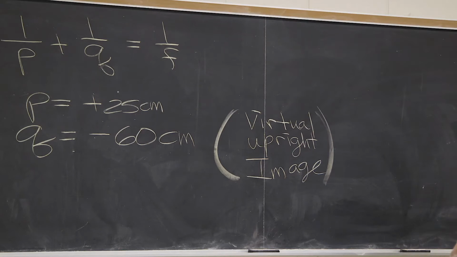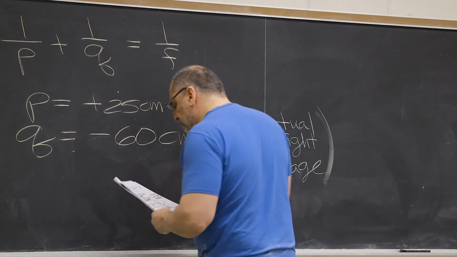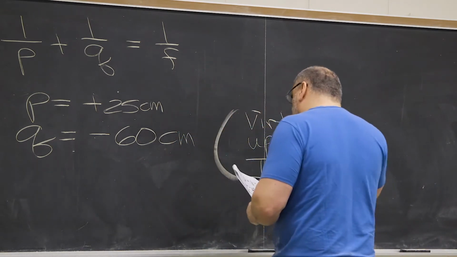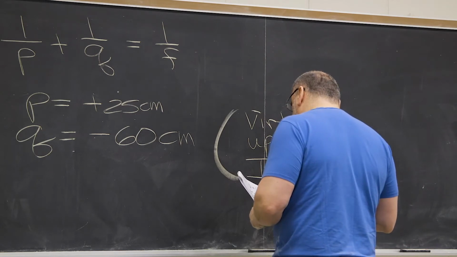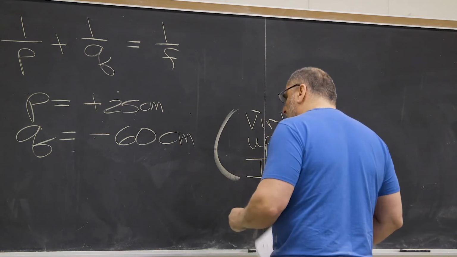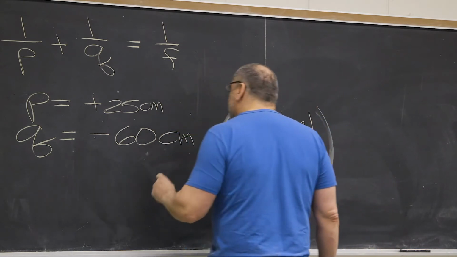So it should be a positive 60 if it was behind us, but since it's in front of us, it's a negative 60. You want to be able to form an image where the near point is. The near point for the person is 60 centimeters. That's the best they can see.